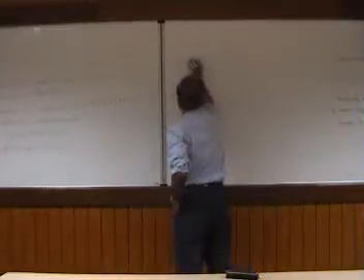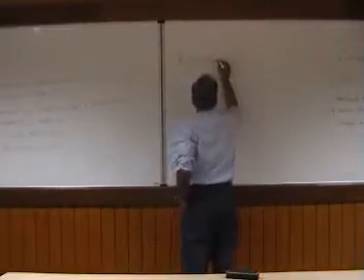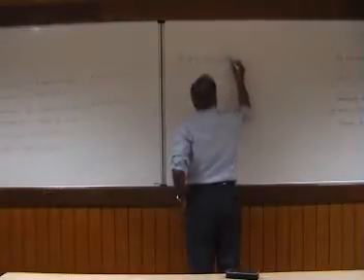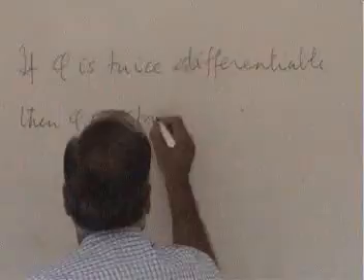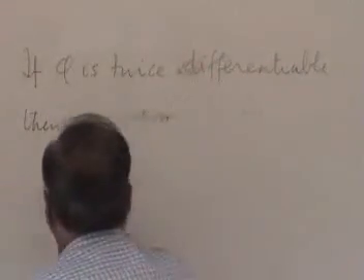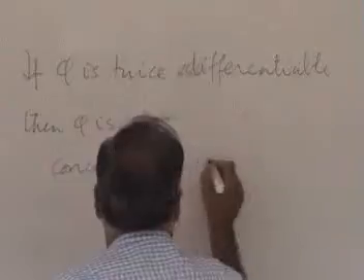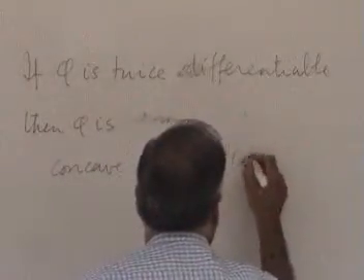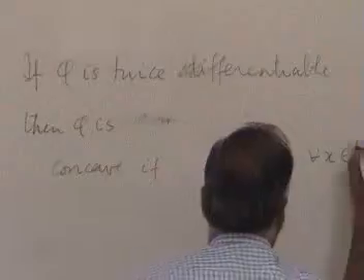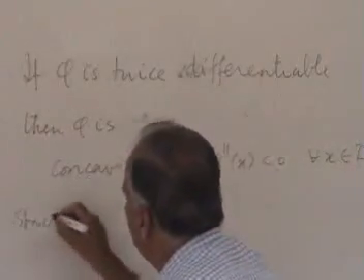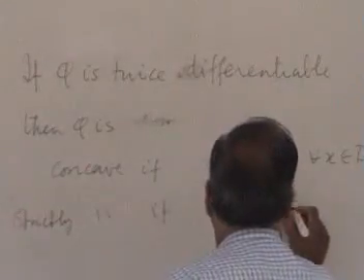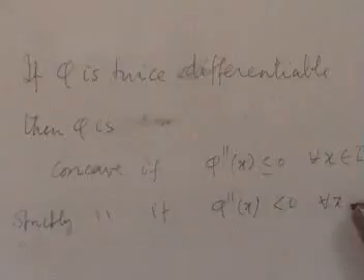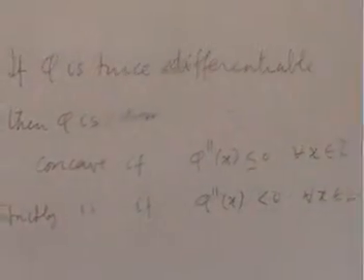If phi is twice differentiable, then phi is concave if phi double prime x is less than or equal to 0 for every x in I, and strictly concave if phi double prime x is less than 0.